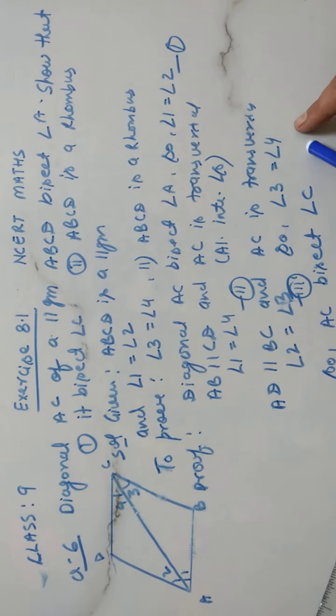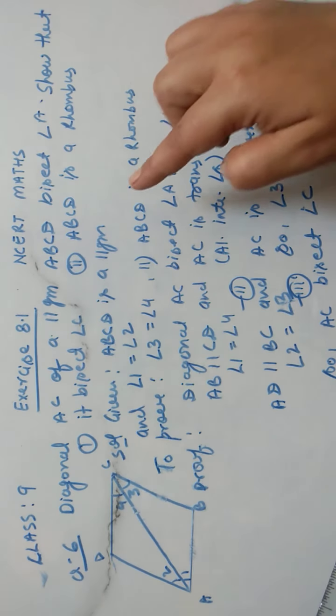Just see here. 1 is equal to 2, and 1 is equal to 4, so instead of 1 you can write 4 and instead of 2 you can write 3. Okay, 1 is equal to 4, 2 is equal to 3. So instead of 1 we are writing 4, instead of 2 we are writing 3. So angle 3 is equal to angle 4. That's why AC bisects angle C. This is the first point we have proved.